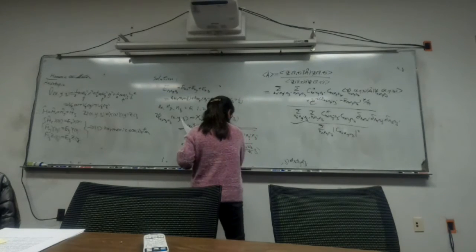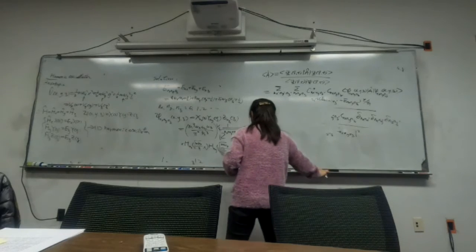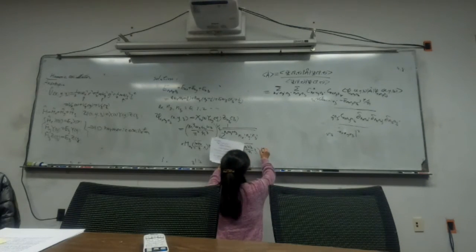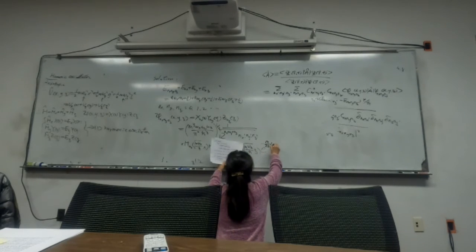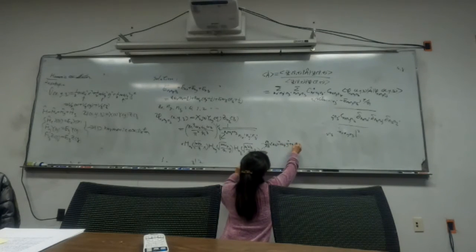Then the exponential term, which is the envelope, controls the convergence of this function when r goes to infinity, right? Remember this term: minus m over 2 h bar, times omega x x squared plus omega y y squared plus omega z z squared.